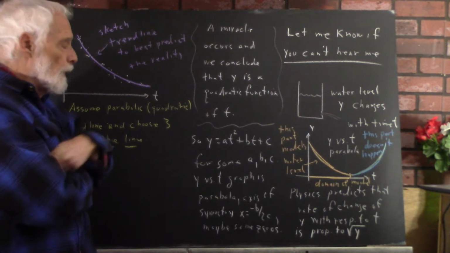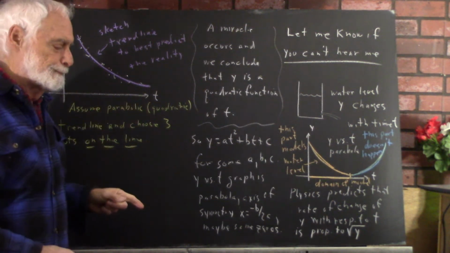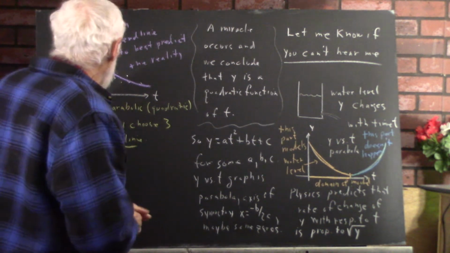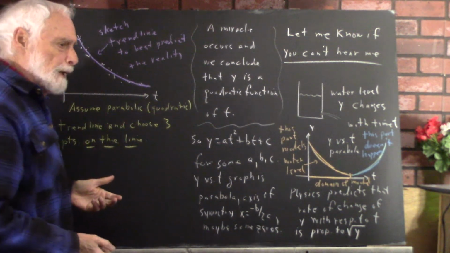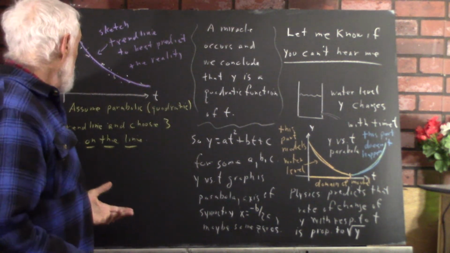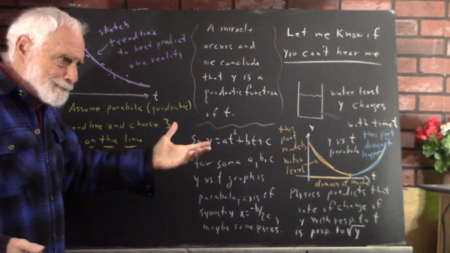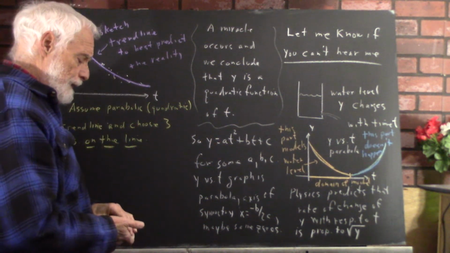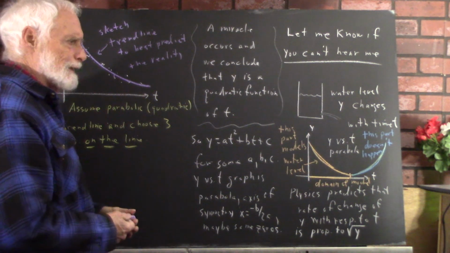If you pick 3 data points, you're ignoring all the other information you have. You know, out of a class, we might have 100 data points. Okay? And if you just pick 3 of them, without thinking where the trend line is, it's a real bad idea.